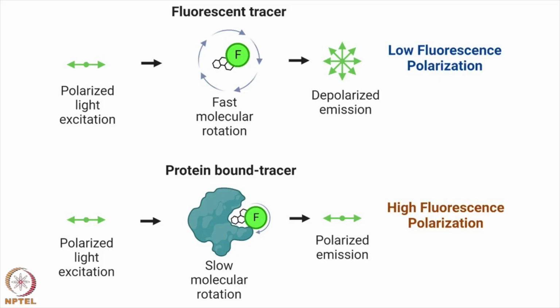That will give you a value, and you find it has a high polarization value. These are some of the applications of fluorescence polarization in biological applications that we discussed, such as drug discovery. You can use fluorescence polarization and anisotropy to capture the dynamic picture that is happening.